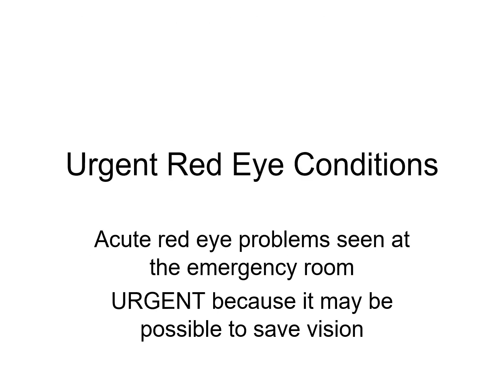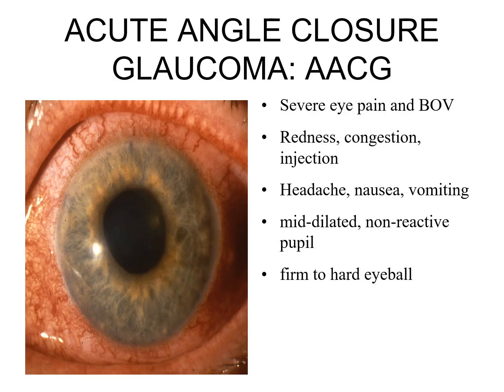Urgent red eye conditions may also be seen in the ER. The first, as was previously discussed, is acute angle closure glaucoma, in which a patient will present with severe eye pain and blurring of vision. Always remember that conjunctivitis and subconjunctival hemorrhage does not present with decreased vision.